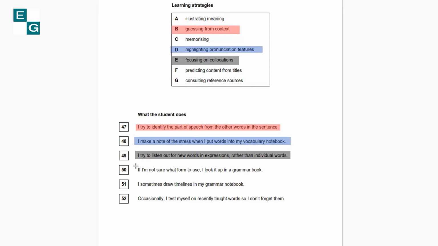Then it says, if I'm not sure what form to use, I will look it up in the grammar book. So, if you do that, if you use your grammar book, that means you're going to be consulting reference resources.